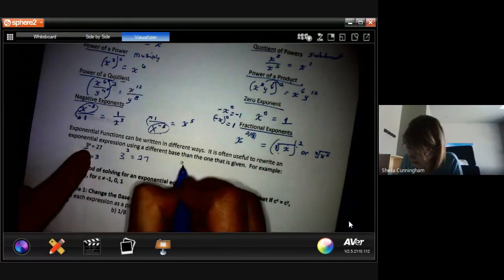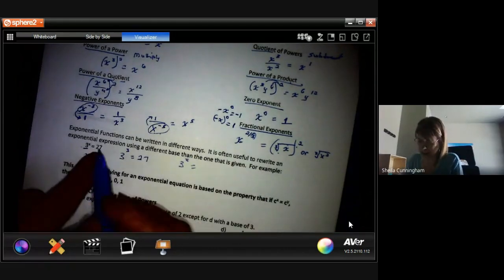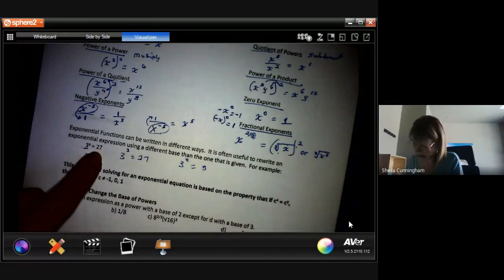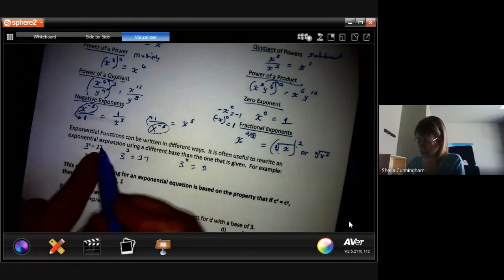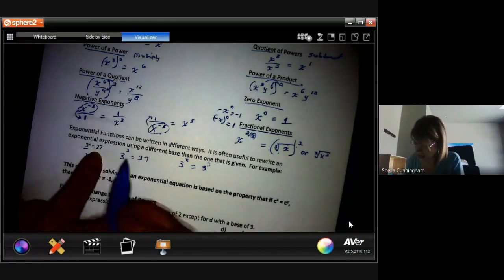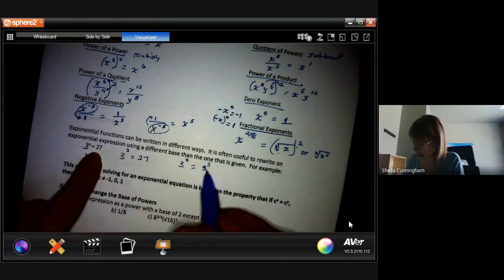If I wanted to rewrite 27 with a base of 3, 3 to the power of 3 is another way of writing that. It's just another representation of 27.